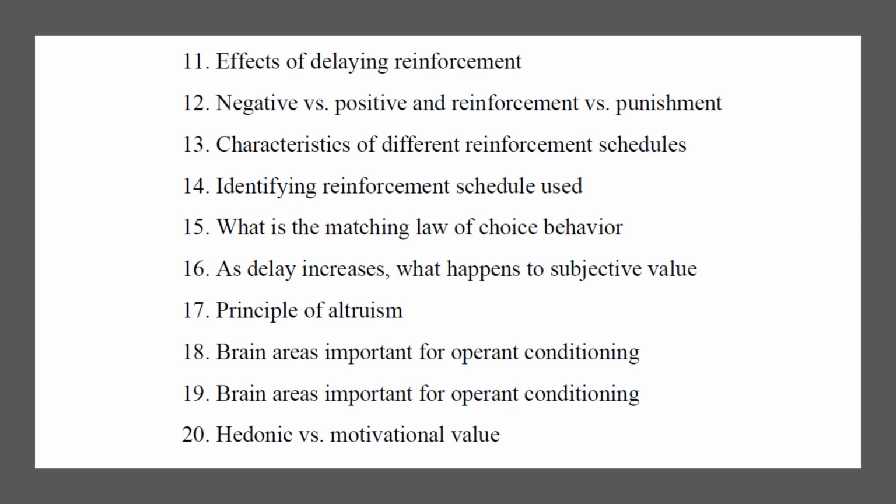Okay, brain area important for operant conditioning, and there's 2 of those in a row. Well, one of them has to do with the brain area and the association that's formed.